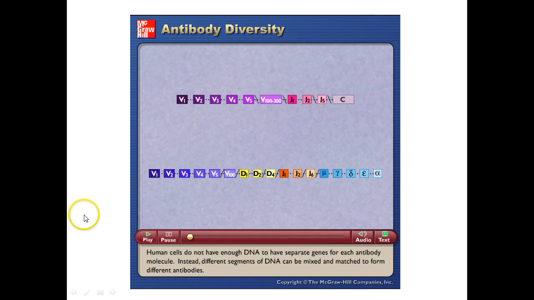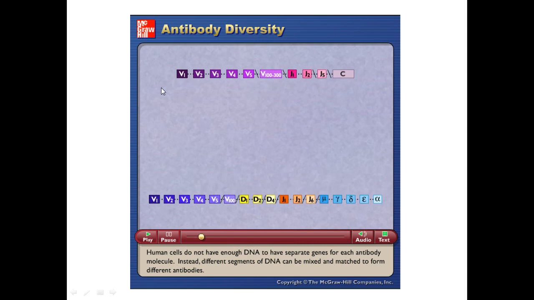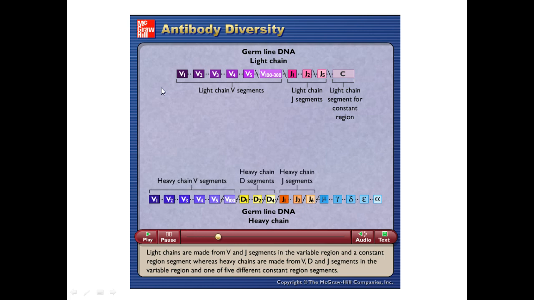Human cells do not have enough DNA to have separate genes for each antibody molecule. Instead, different segments of DNA can be mixed and matched to form different antibodies. Light chains are made from V and J segments in the variable region and a constant region segment, whereas heavy chains are made from V, D, and J segments in the variable region and one of 5 different constant region segments.